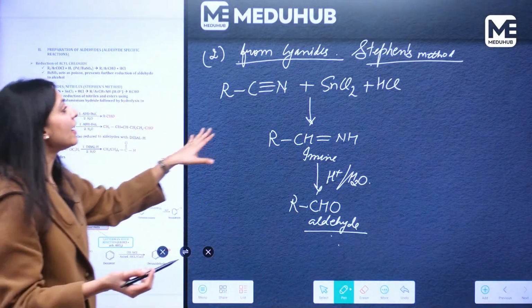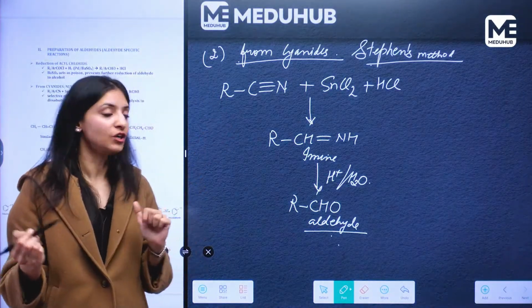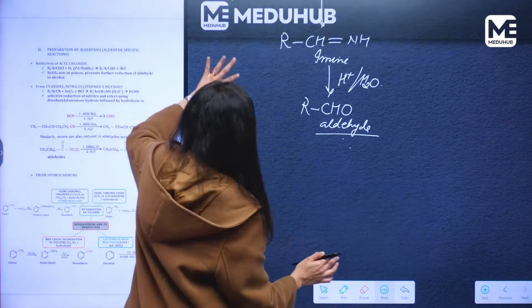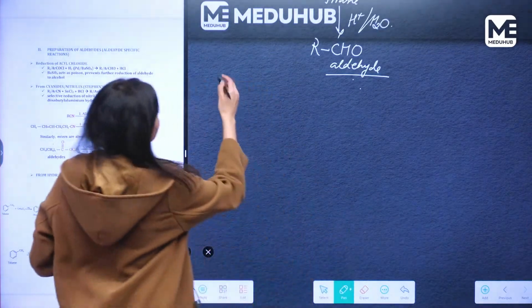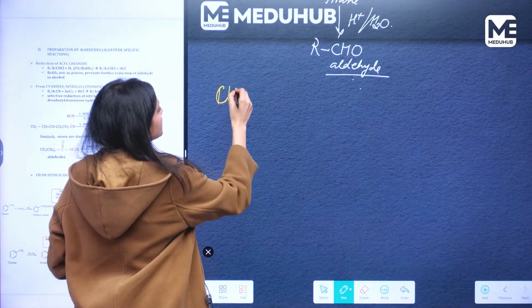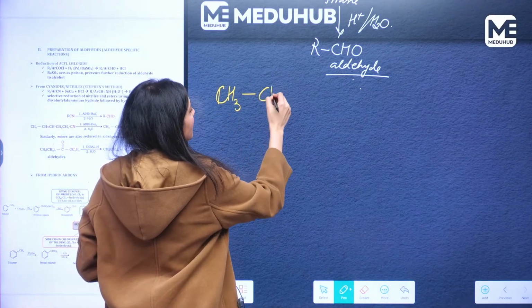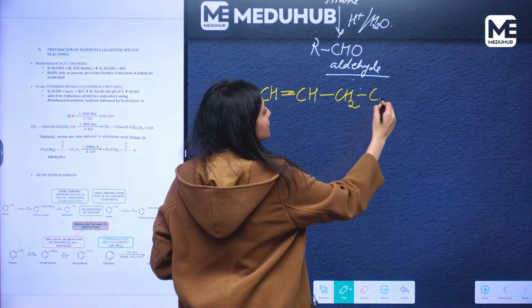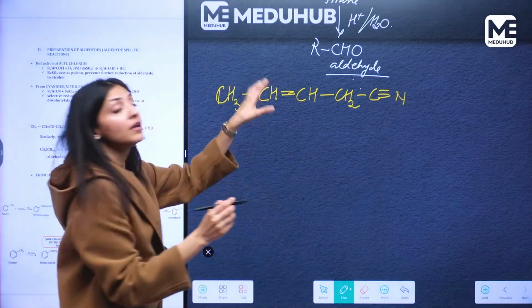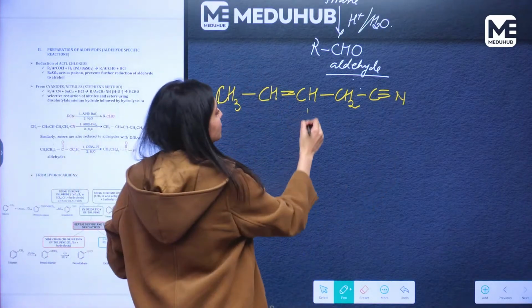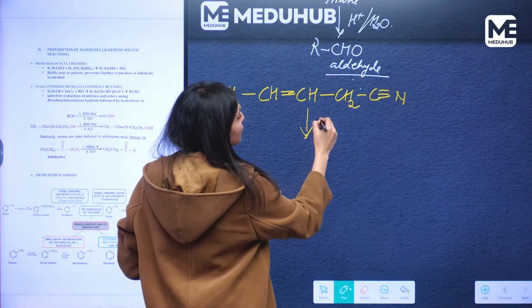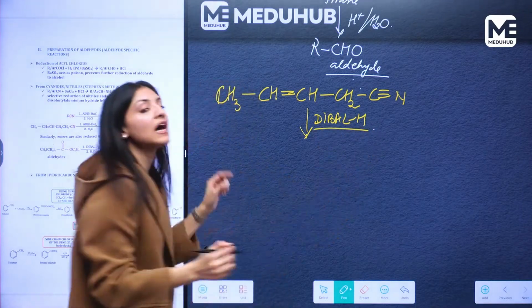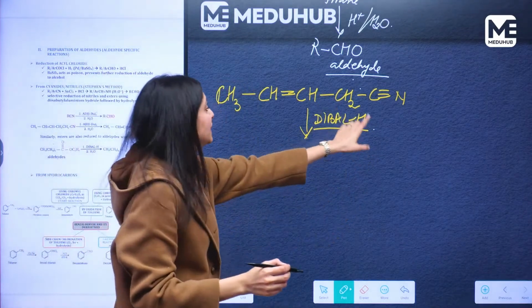What happens when we have a nitrile which has a double bond in it too? For example, this compound: CH3, CH double bond CH, CH2, C triple bond N. Such a compound is reduced to an aldehyde using DIBAL-H. This is diisobutyl aluminium hydride.